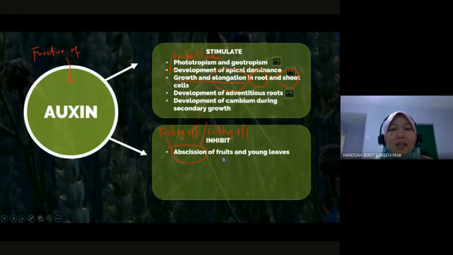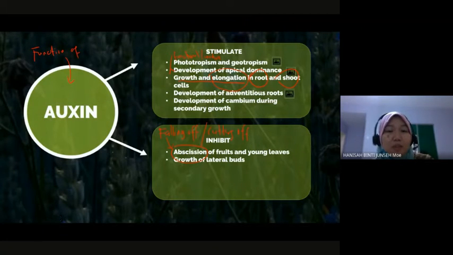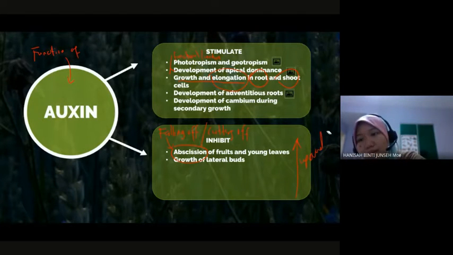Okay, next, it also inhibits the growth of lateral buds. In the picture of apical dominance I showed you, there's a plant. Actually, auxin is to promote or stimulate the growth of shoots upward.